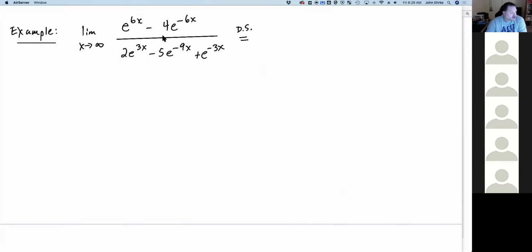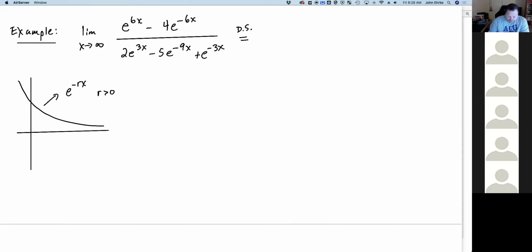I know that all of these decaying exponential terms, all of those that have negative exponents, the graph of a decaying exponential looks like this. So this is the graph of e to the minus rx for any value of r greater than 0. So it decays down to 0. So realistically, this thing is going to look like e^6 to the infinity minus all of these that decay, which are going to be 0.